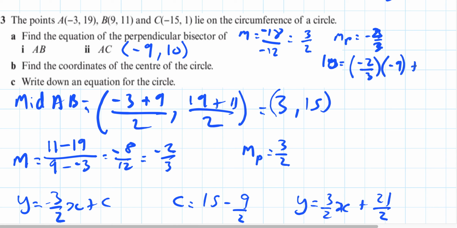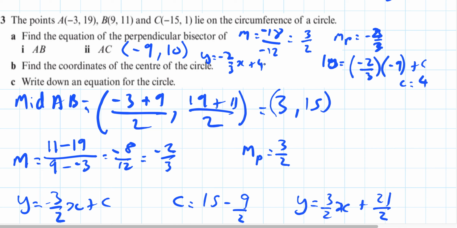Minus 9, add c. c equals minus 2 over 3 equals 4. So therefore my equation of this one is y equals minus 2 over 3x plus 4.